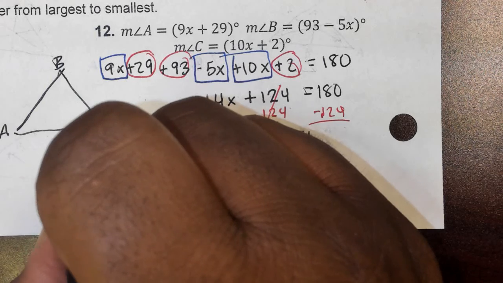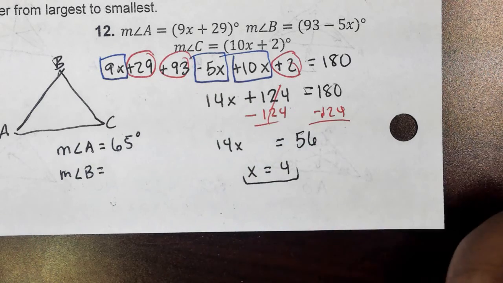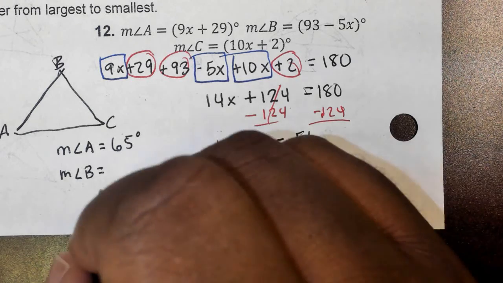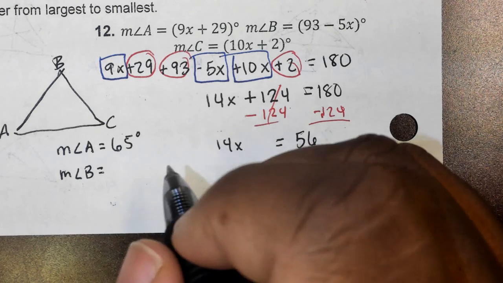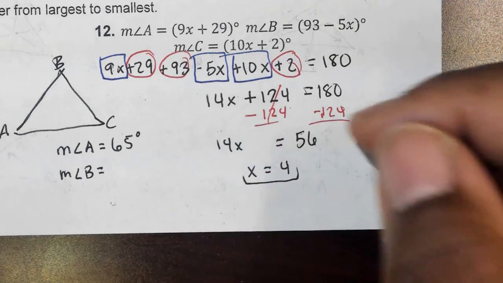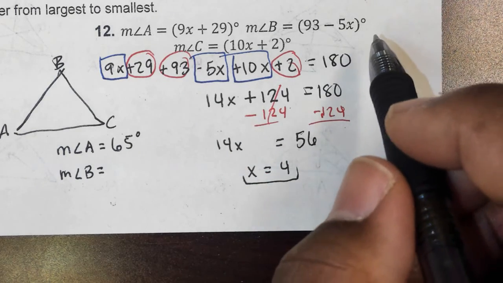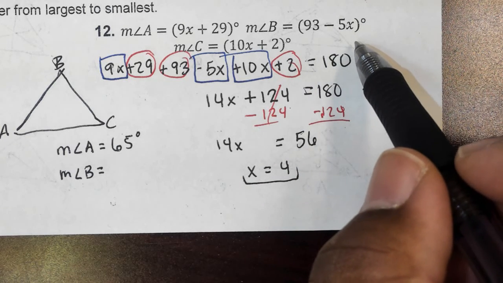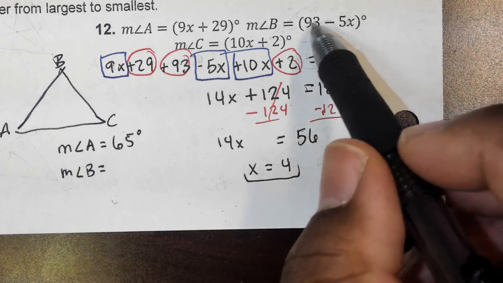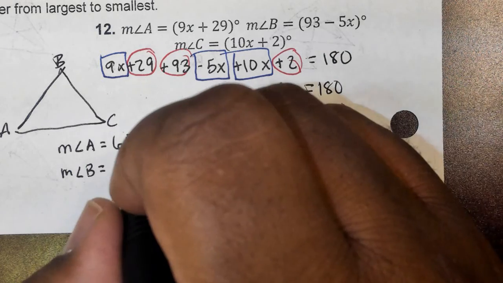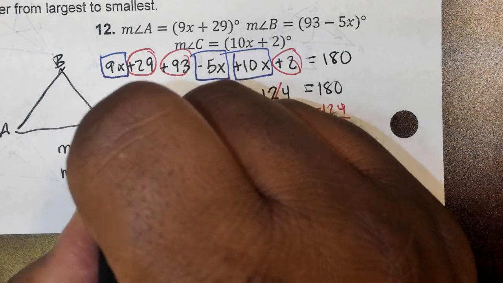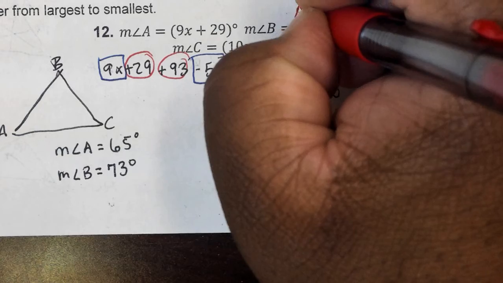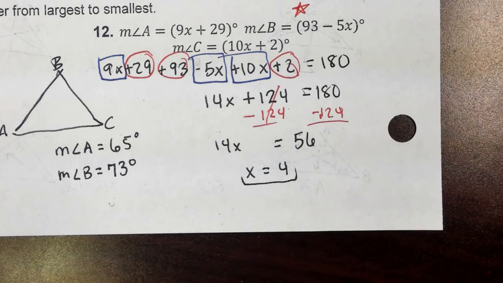Measure of angle B. Make sure you do order of operations, especially on B. Got to do the multiplication first. 5 times 4 is 20. 93 minus 20 is 73 degrees. That's the one y'all got to pay attention to. Some of y'all forget about the order of operations. Multiplication before subtraction.